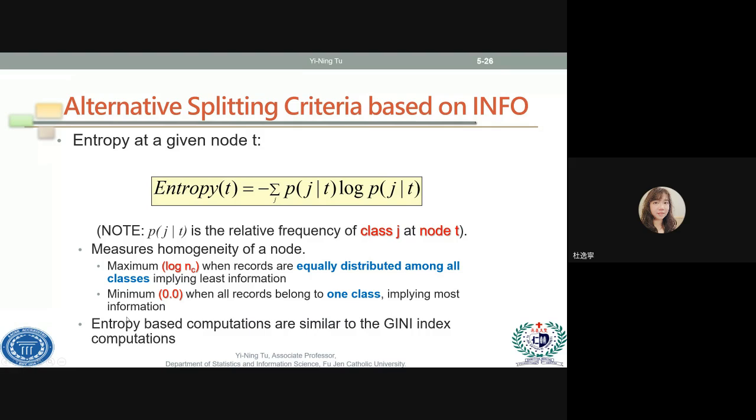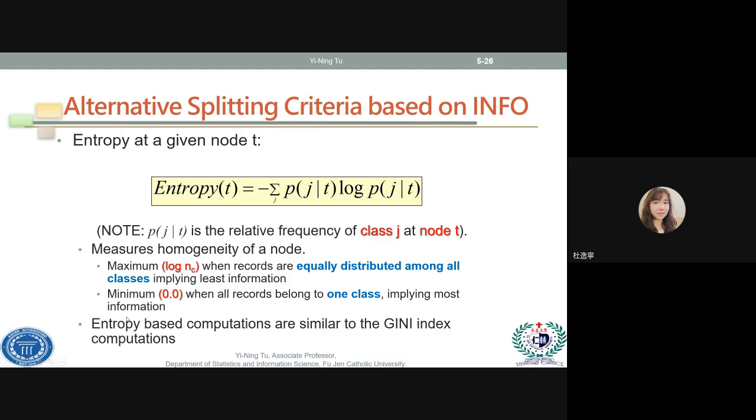But maxima, do you remember? In the Gini example, for 2 classes, what is the worst case? The worst case is like this, right? Okay, then what about entropy? Its worst case is like this. For 2 classes, what is it? log 2 will be 1. Okay? So in this case, the Gini index worst case for 2 classes is 0.5, but for entropy, the worst case is 1.